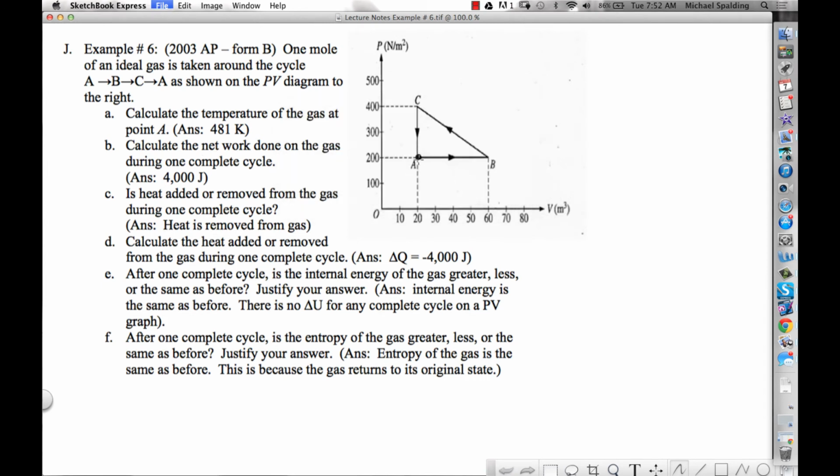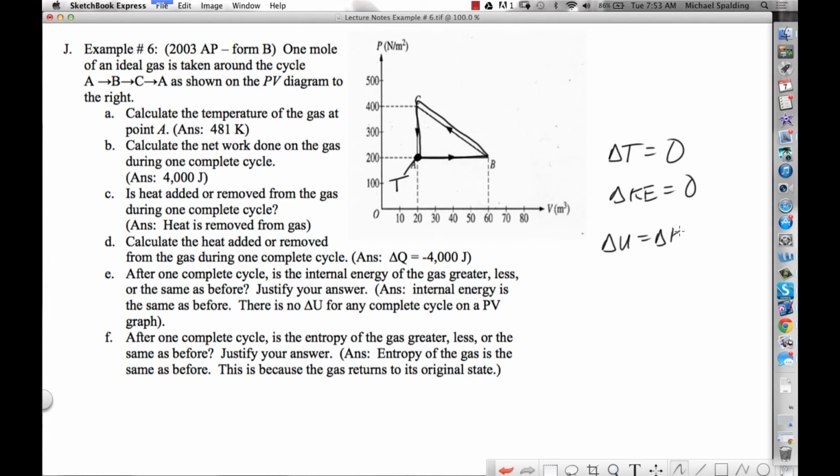So if you start at point A and you go around like this and come back to point A, you're coming back to the same temperature, right? So what's your change in temperature for the whole cycle? 0. What's temperature linked to? Kinetic energy, right? So if the change of temperature is 0 for the complete cycle, that means the change of kinetic is 0 for the complete cycle.